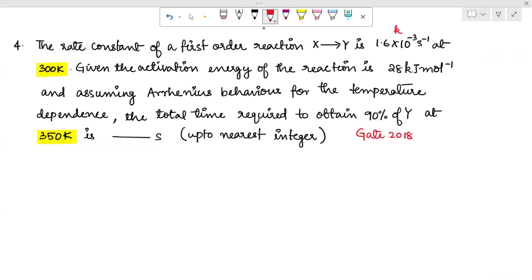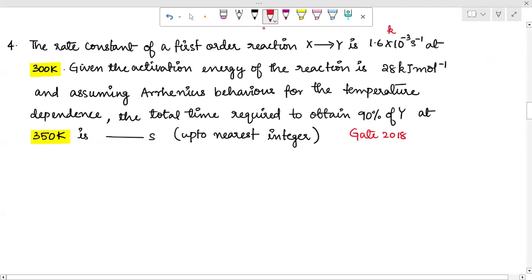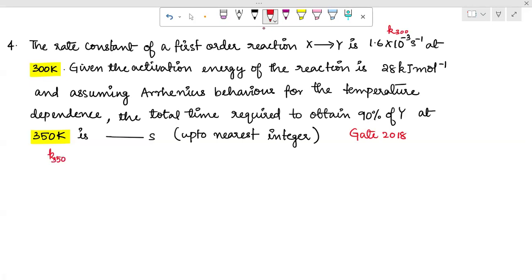All right, so we need to find the time which is required for obtaining 90% of Y at a different temperature, for which you don't know the rate constant. Very important. Here, the rate constant at 300 is what is given. We need to find the rate constant of the reaction at 350. Why?